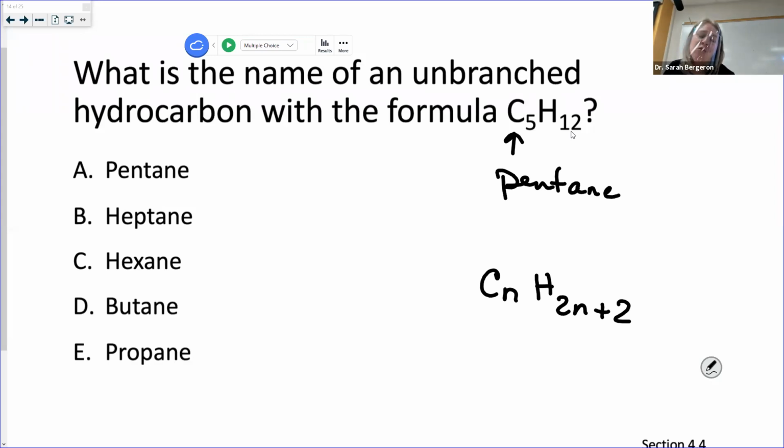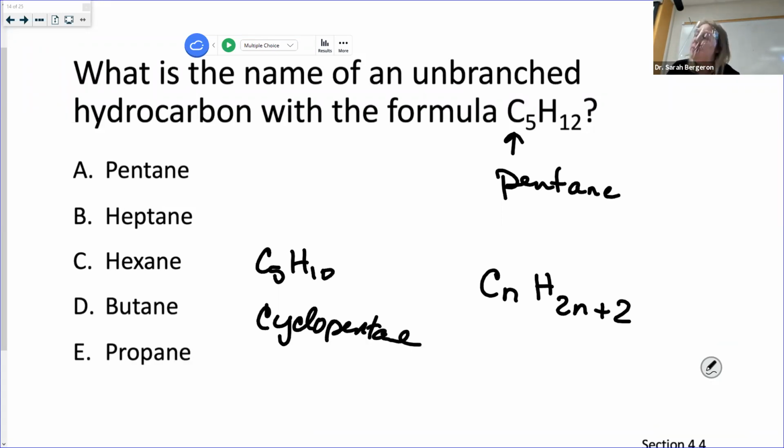pentane. What if I told you it was C5H10? What would you call it? Cyclopentane, right? So this one was easy because what did I give you for the ending for all of them? A and E. And what are you going to have on the exam? Your best friend. And what's your best friend have? Those covalent prefixes.